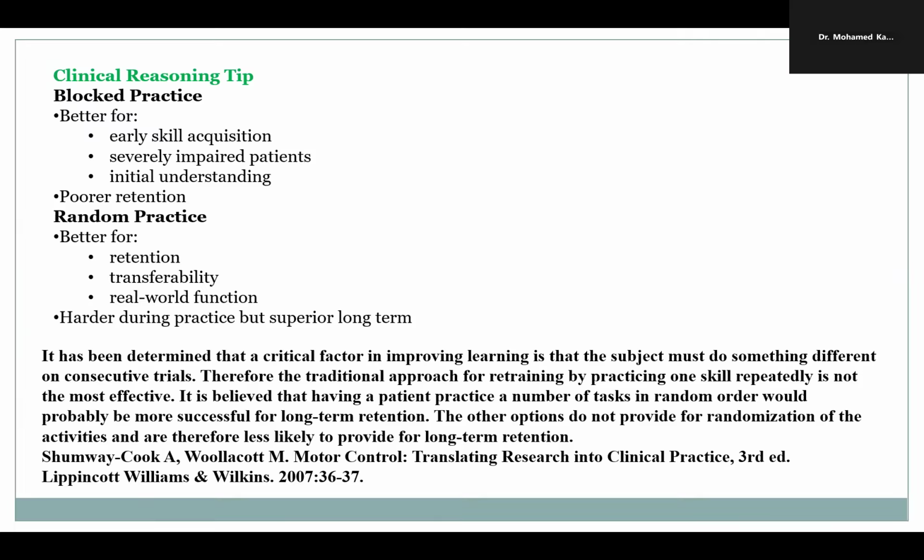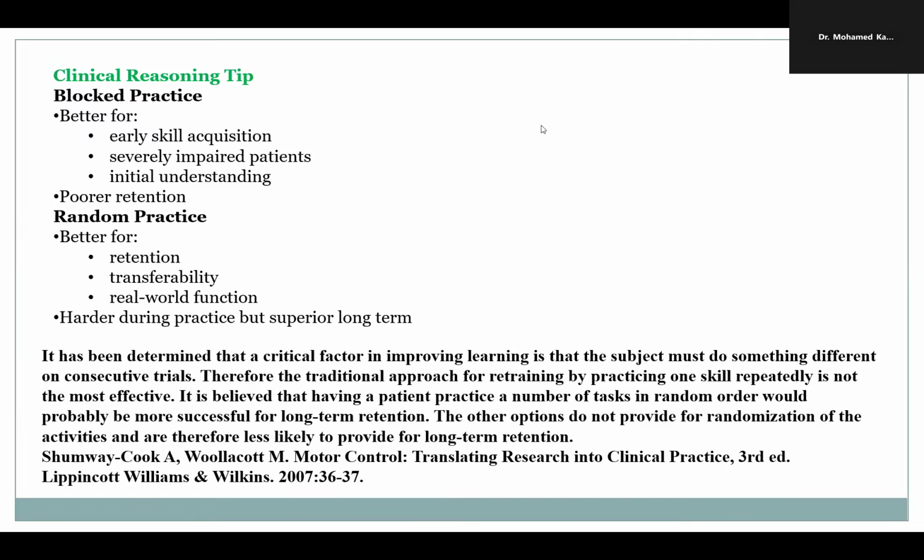Random practice, on the other hand, is better for retention and transferability of this newly learned skill, and for real world function, because in the real world we are doing motor activities in random order. Sometimes I have to use my wheelchair, then go to the automobile, then back to the bathtub, sometimes use the bathtub and go back to my wheelchair, back to my bed, and so on. So it's random practice.